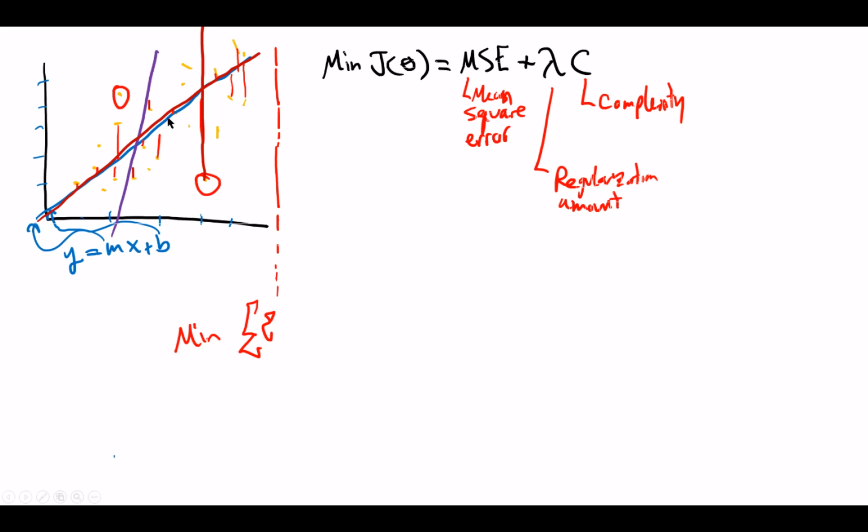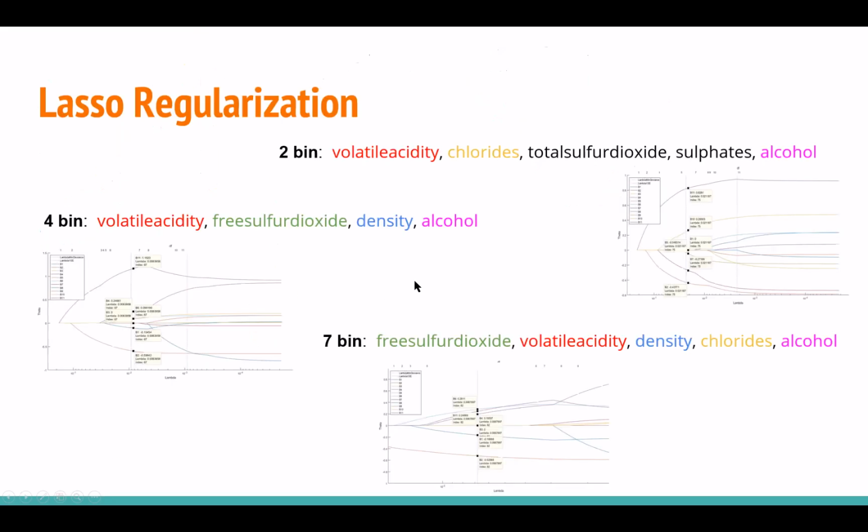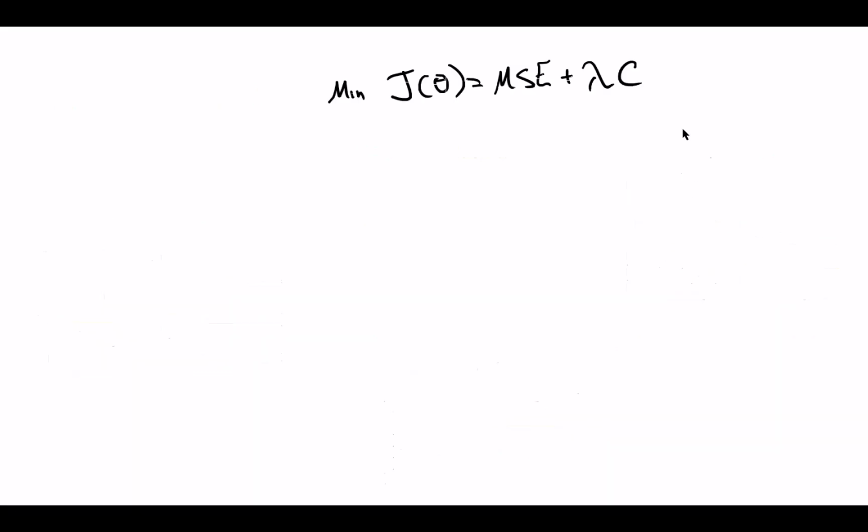Of note, this is just one of the features. We're working with 11 features, and so it's an 11 dimensional space, and so we can't really draw that on paper. So the regularization is seeking to, oh, hold on. We have a complexity measure right here. We have regularization. We have minimum mean square error right there.